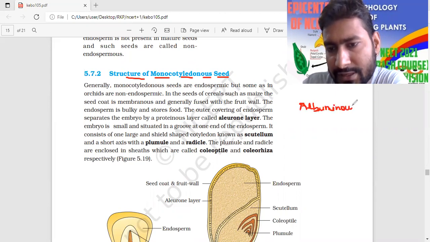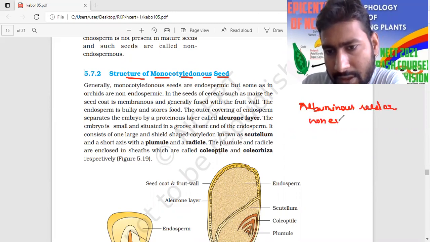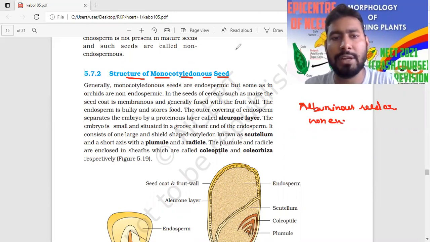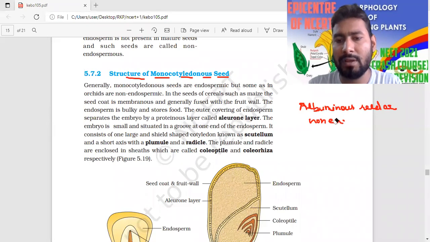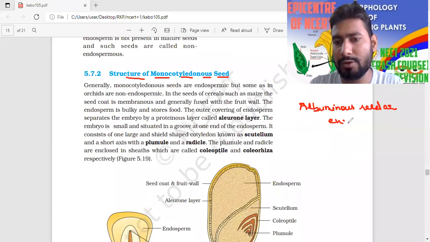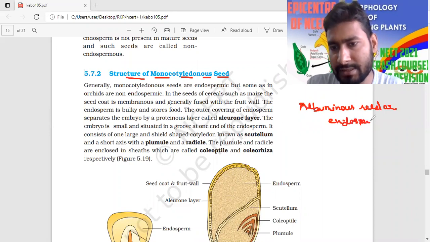Sorry, not non-endospermic, it should be endospermic seed. Endospermic, albuminous or endospermic seed.